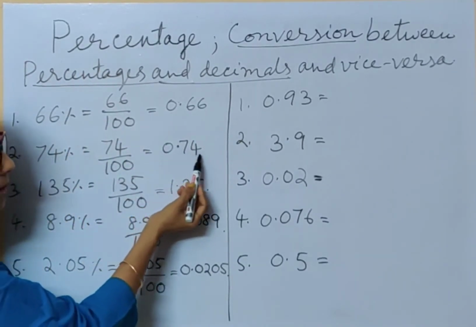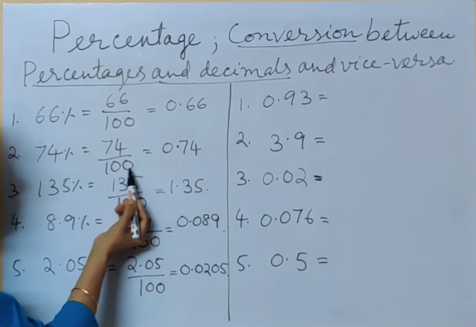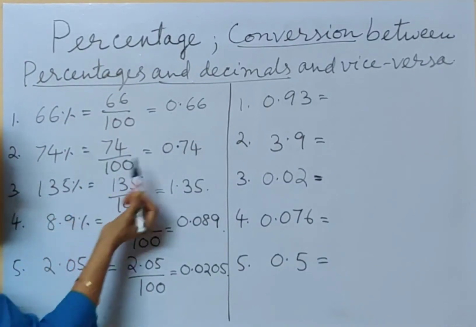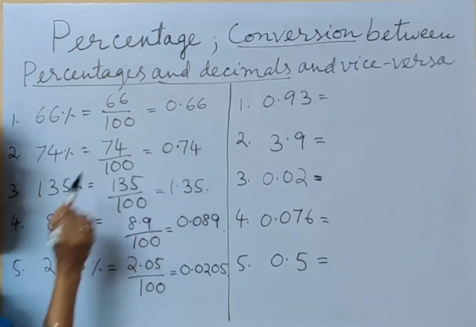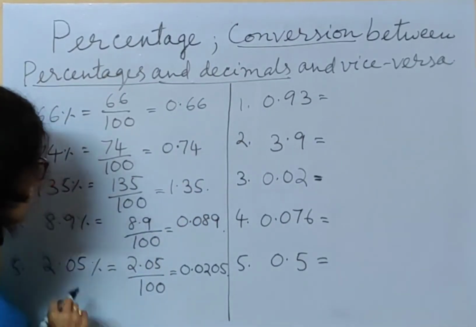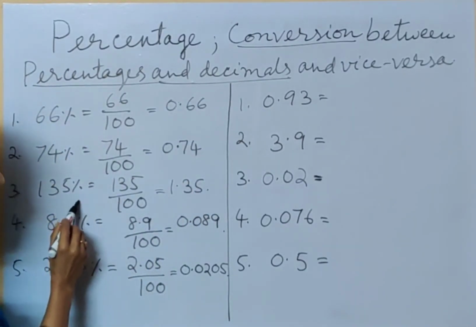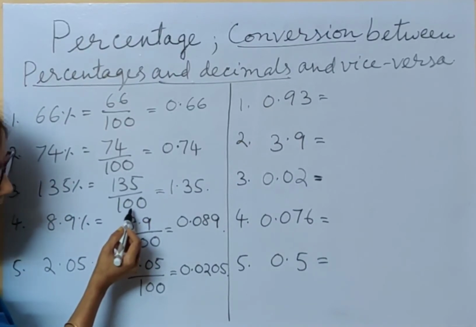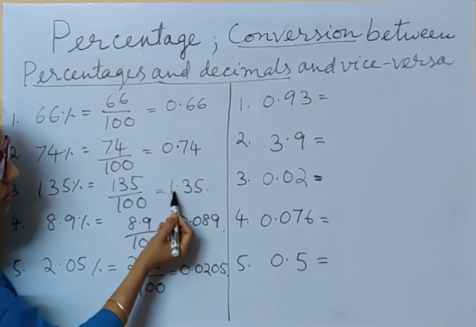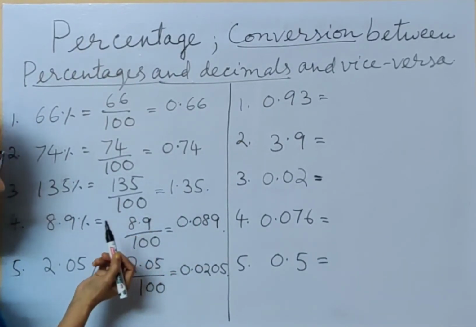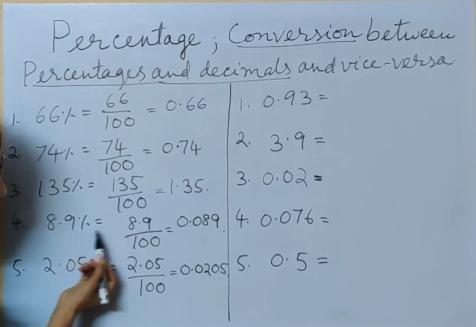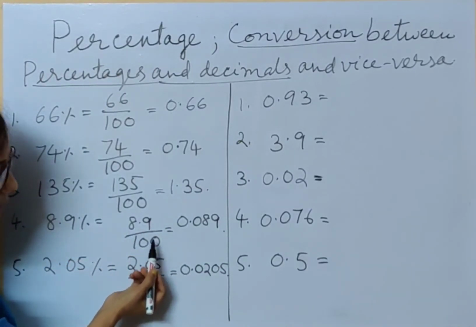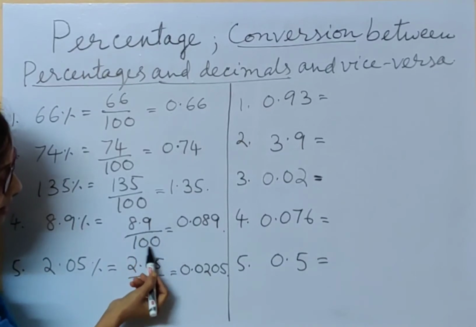74% is 0.74, because we are dividing by 100, so we get 2 decimal places. Now 135%, 135 by 100. We get 2 decimal places, so 1.35. Now 8.9%, 8.9 by 100, and we have to get 2 decimal places as we are dividing by 100.